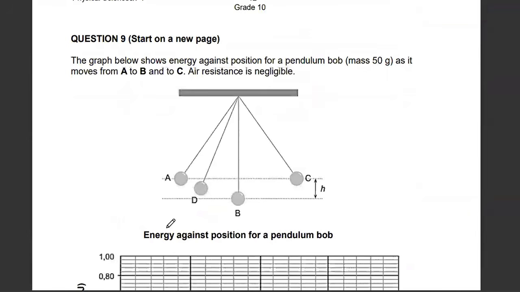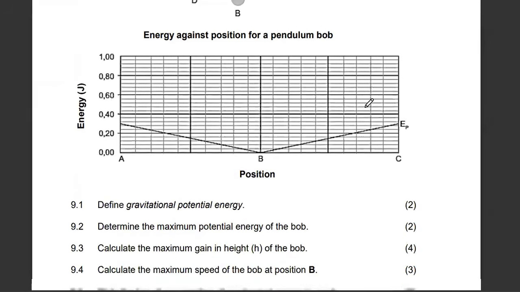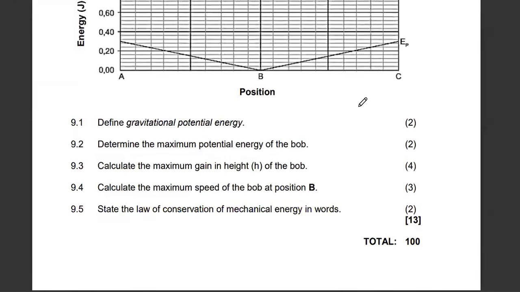Then question 9. Now telling us that the graph below shows energy against the position of the pendulum bob, that is 50 grams, as it moves from A to B to C to D. Define what gravitational potential energy is.